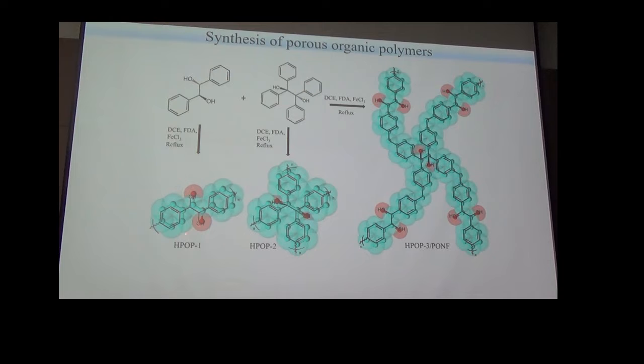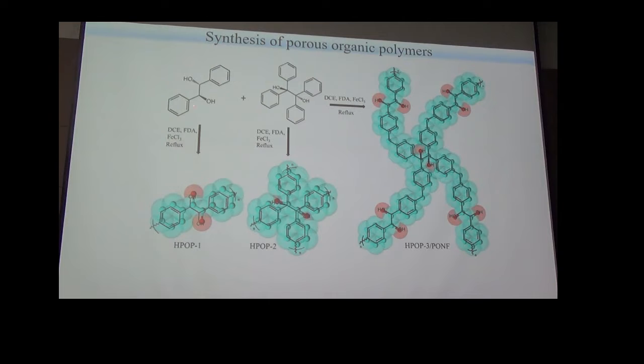So porous organic polymers, in general, have high surface area, large pore volume, and tunable pore structures. When the porous organic polymer has high functional group content, we can expect it to give high adsorption behavior towards any PPCP materials. So for this, we have used two monomers.